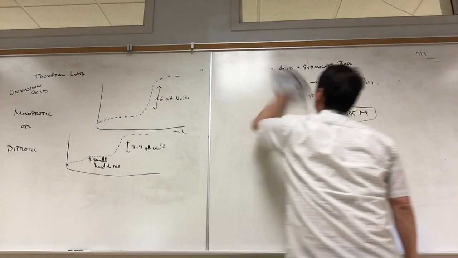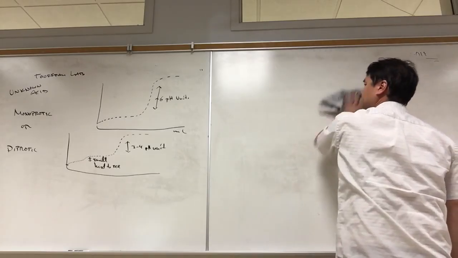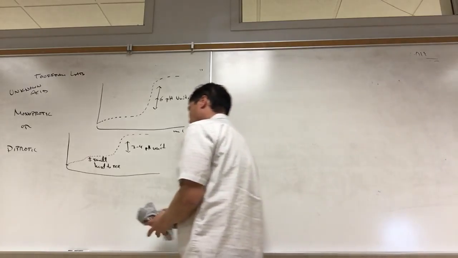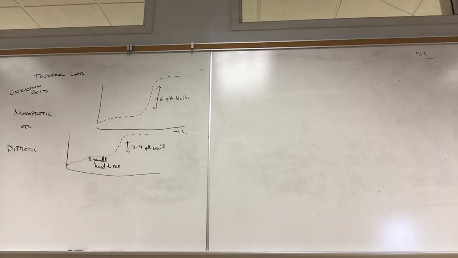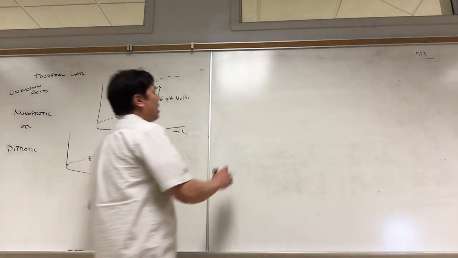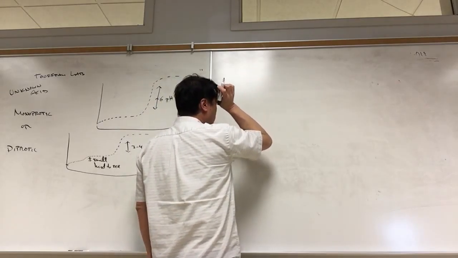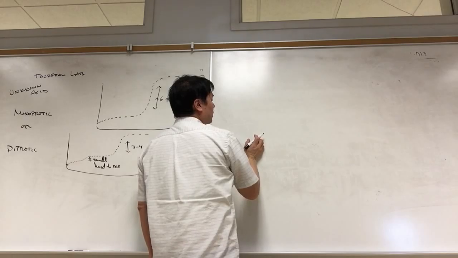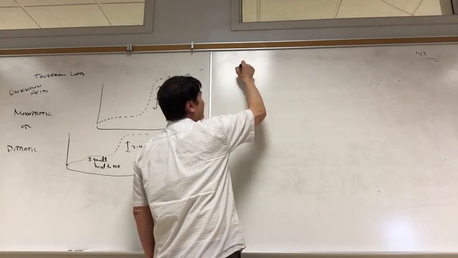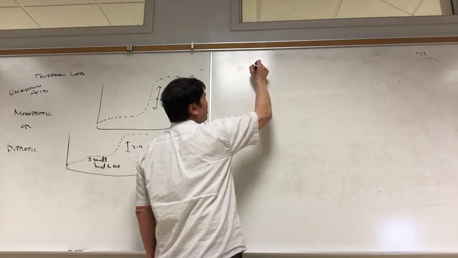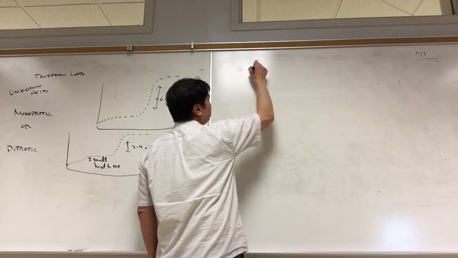And so we're going to have to come up with a procedure, keeping in mind things. So the first thing we need to do is this. We must dissolve your unknown in a minimum of water.